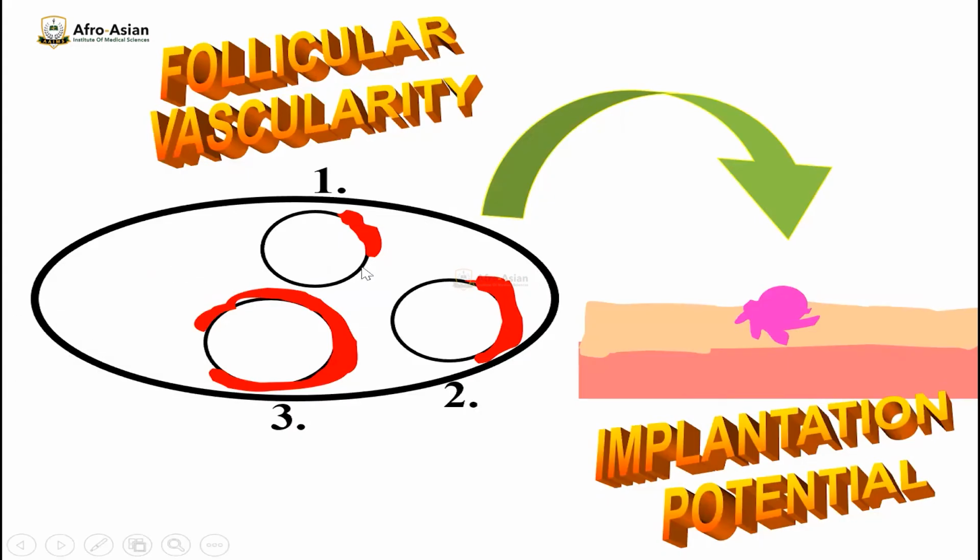So once we get the follicles, we will look for the flow in the follicles, its vascularity, and endometrium, and we will try to choose the best follicle having maximum flow, meaning the least resistance around it, for implantation.